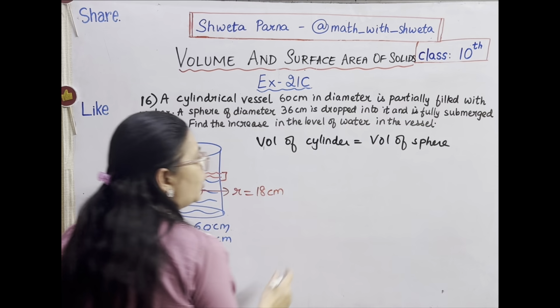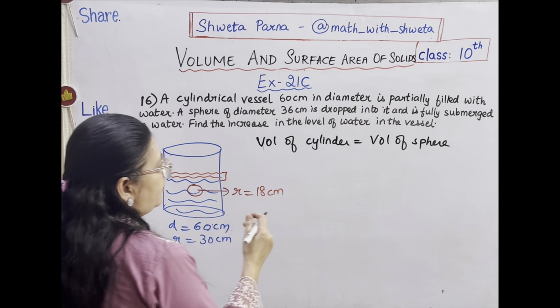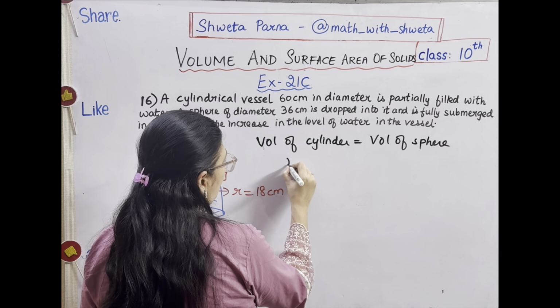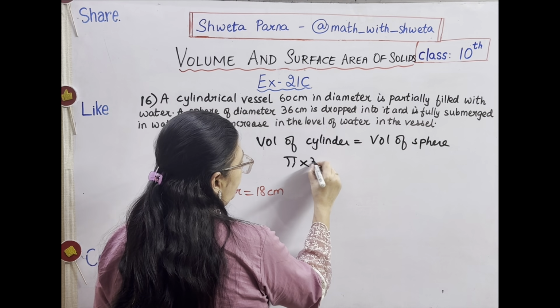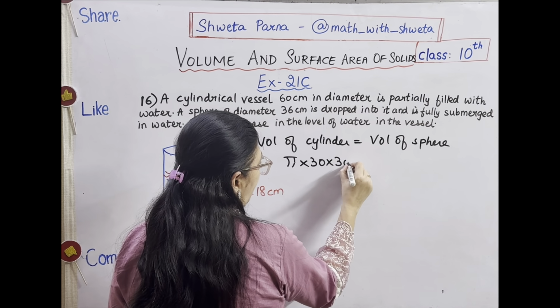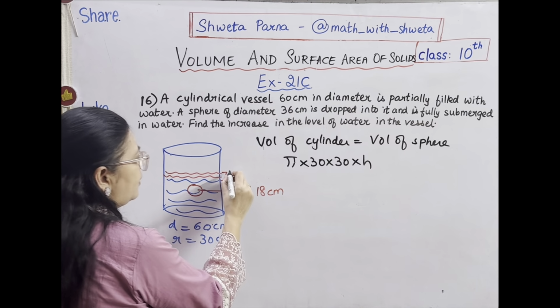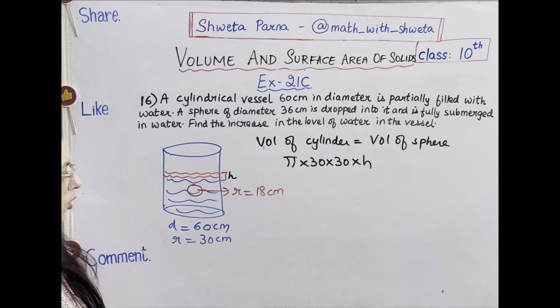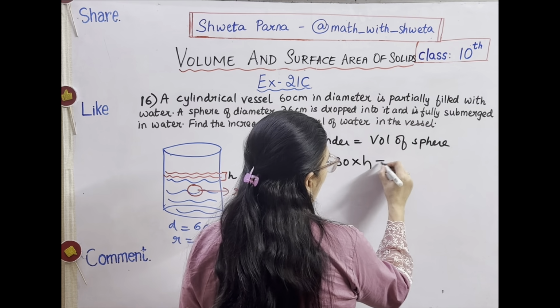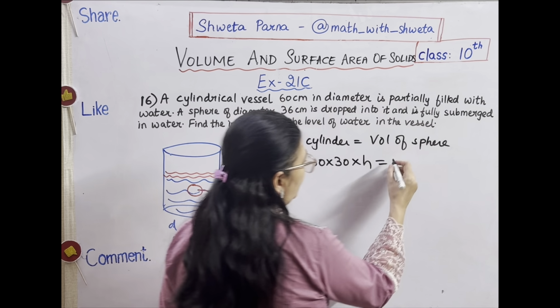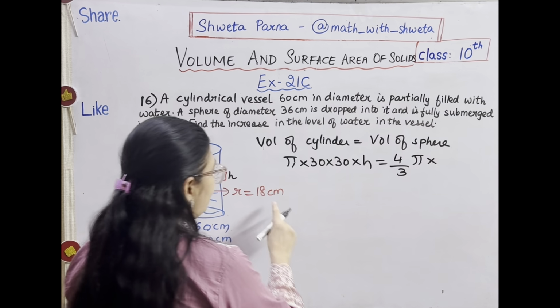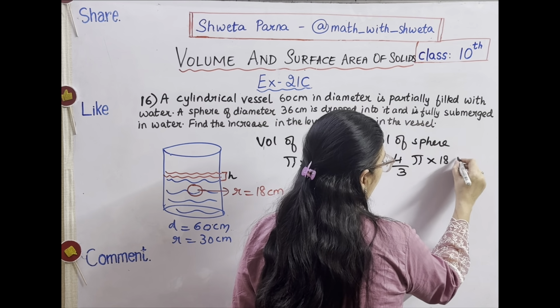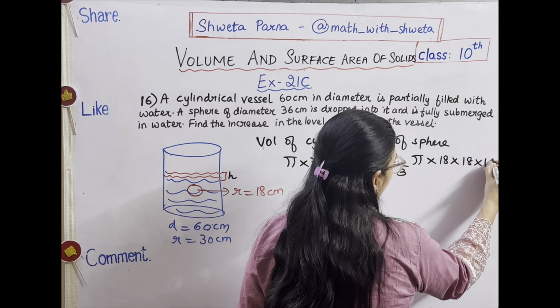Now, what is the formula to find the volume of a cylinder? It is pi r square h. Pi into, what is the radius of the cylinder? 30. Pi r square h, where h is the increased height, is equal to the volume of a sphere, which is 4 by 3 pi r cube. What is the radius? 18 into 18 into 18.